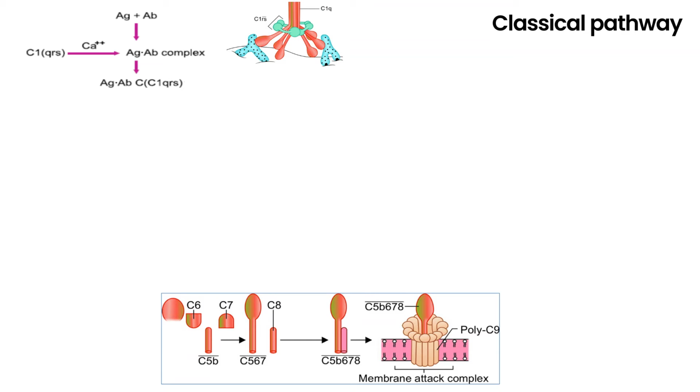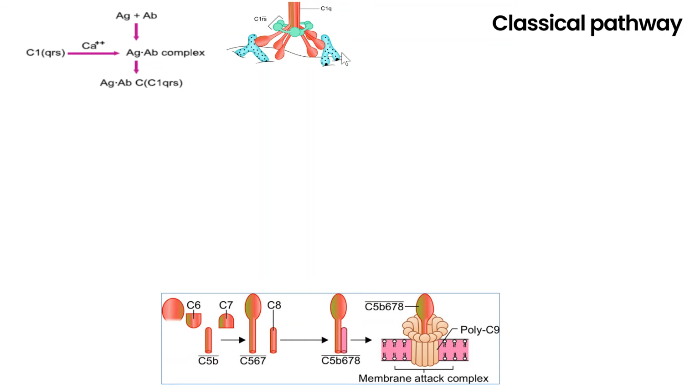Because IgG is a monomer, the minimum requirement to get activation started is that 2 binding sites of C1q have to be occupied. As you can see here, 1 and 2 are occupied. So now the pathway can start. IgG is a monomer, so it has only one Fc portion.